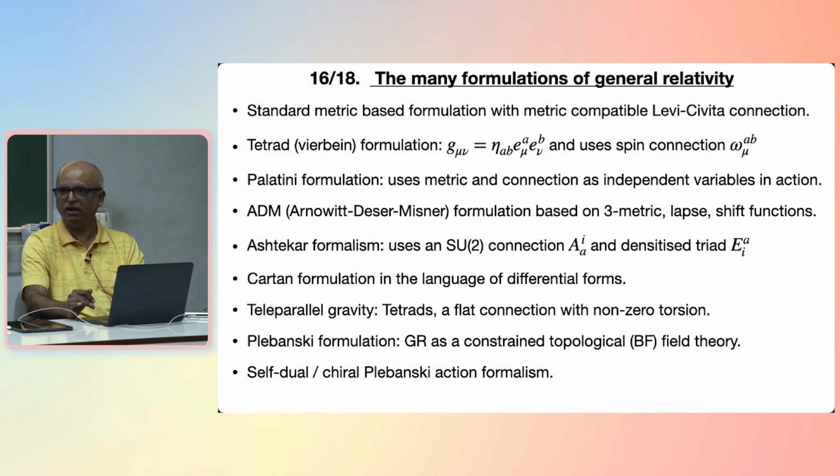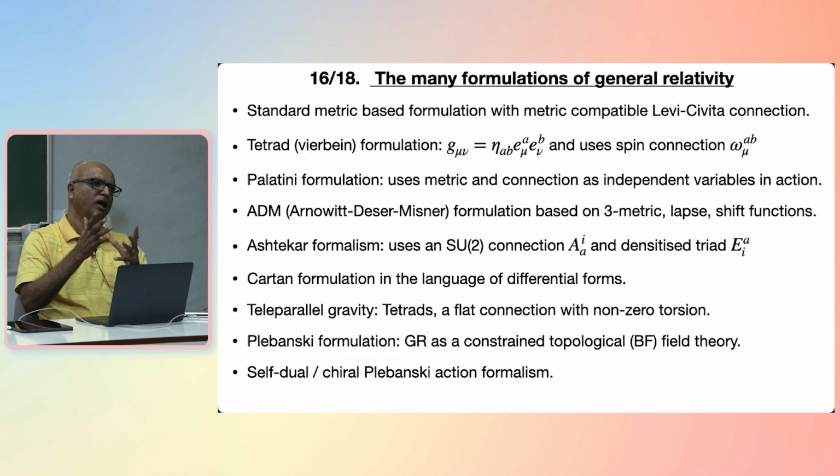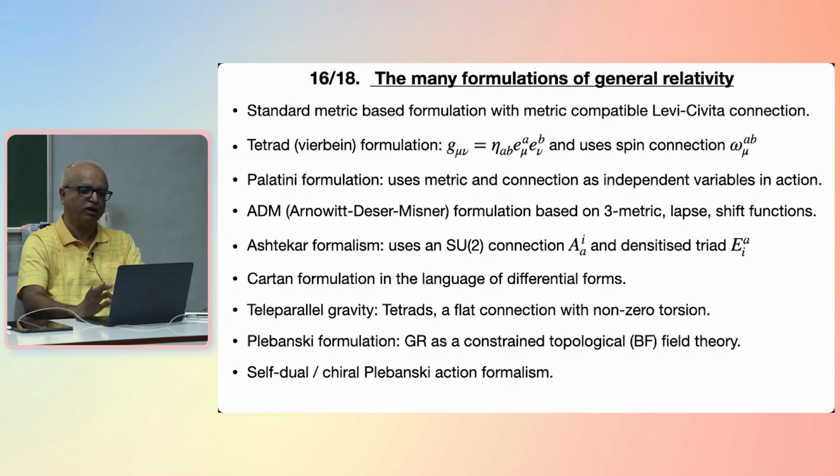This is what we mean by a tetrad, and the definition is the following. A tetrad helps you set up a local Lorentz frame. At every point in space-time, because of the principle of equivalence, if you free fall, you will be in a Lorentz frame locally. On that Lorentz frame, you want 4 vectors, 1 time-like and 3 space-like, so that you can set up a coordinate system locally.